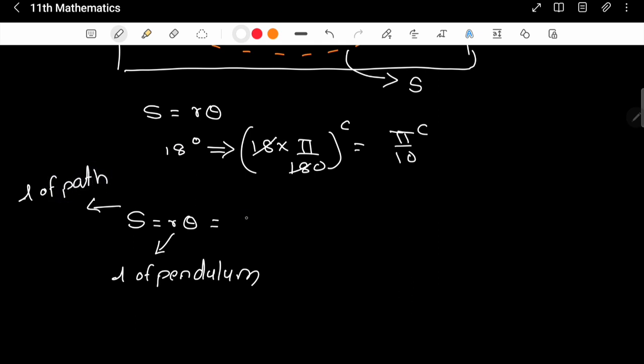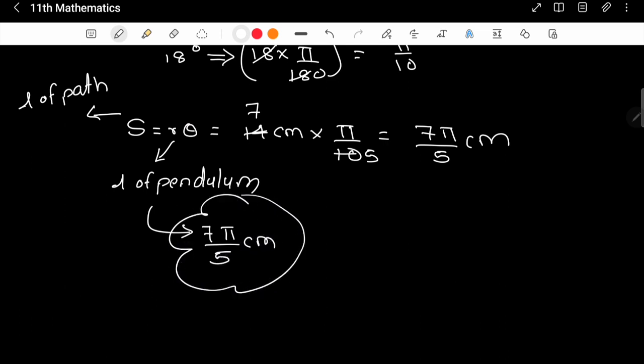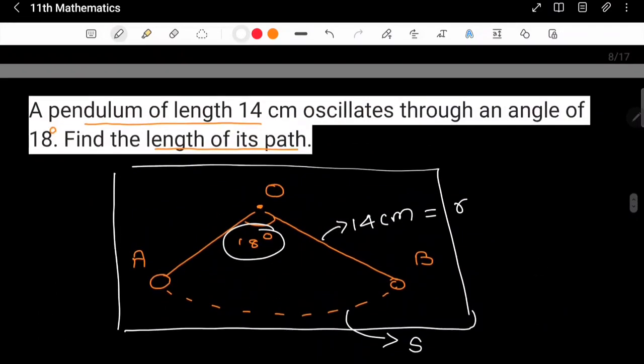Substituting the values, we get 14 centimeter into pi by 10 radian. 2 sevens are 14, 2 fives are 10, which is 7 pi by 5 centimeter. So the length of the path of the pendulum is coming out to be 7 pi by 5 centimeter. Okay, fine. So that was our second question.